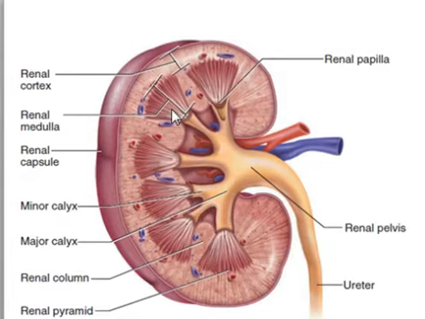The main functional unit of the kidney is the nephron, and each kidney contains about 1,200,000 nephrons. Nephrons consist of two principal parts.